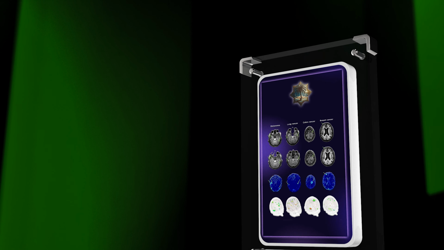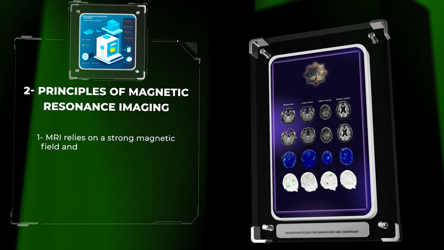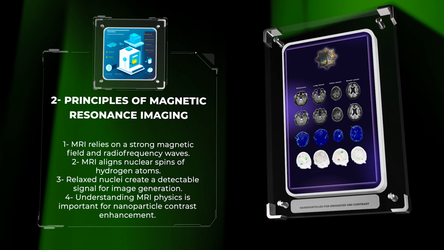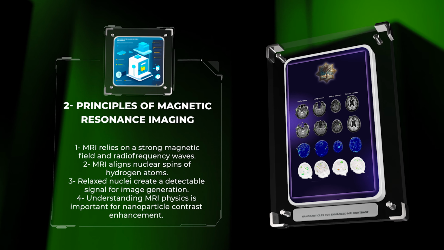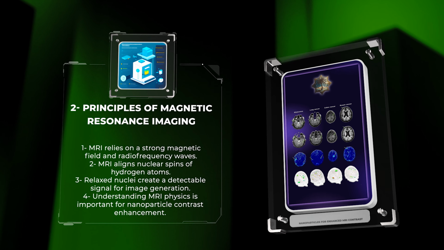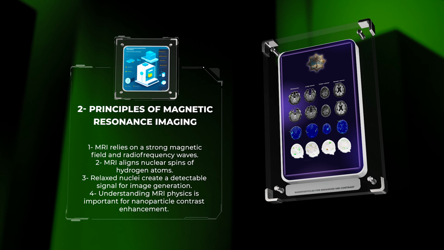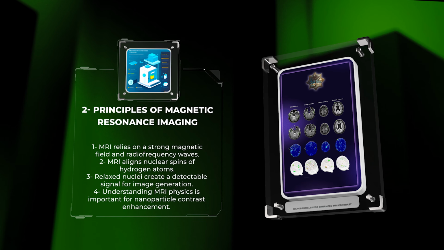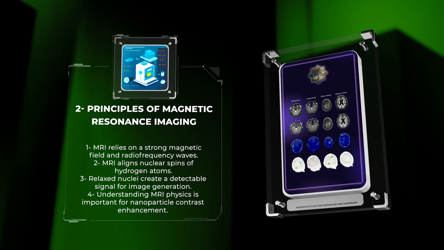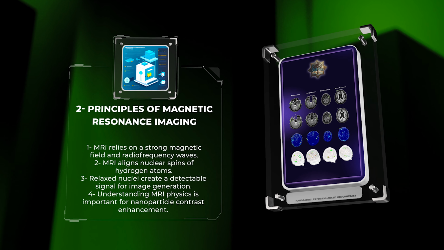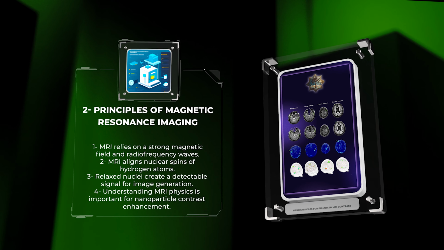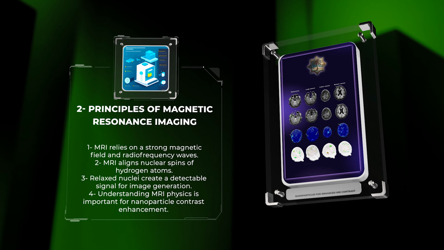To fully comprehend the potential of nanoparticle-based MRI contrast enhancement, it is crucial to understand the fundamental principles of magnetic resonance imaging. MRI relies on the interaction between a strong magnetic field, radio frequency waves, and the behavior of atomic nuclei within the body. When a patient is placed within the MRI machine, the magnetic field aligns the nuclear spins of hydrogen atoms.